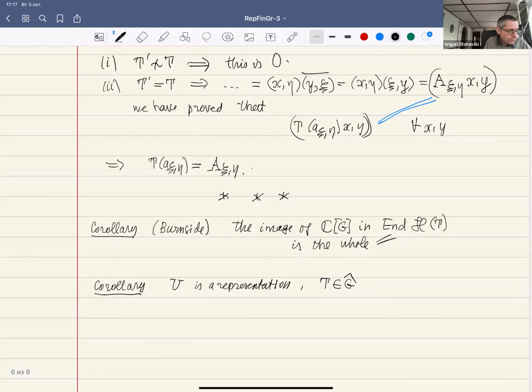And then take A, maybe better to denote, write as well, with the following action.